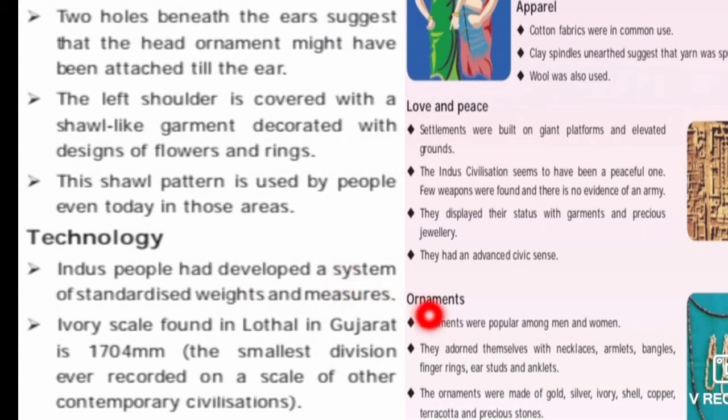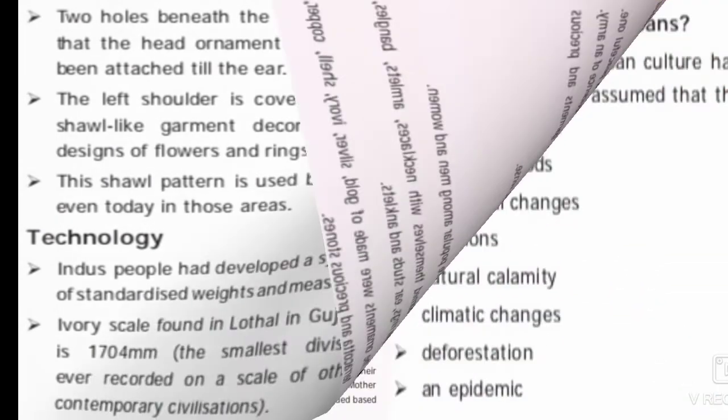Next is ornaments. Ornaments were popular among men and women. They adorned themselves with necklaces, armlets, bangles, finger rings, ear studs, and anklets. The ornaments were made of gold, silver, ivory, shell, copper, terracotta, and precious stones.